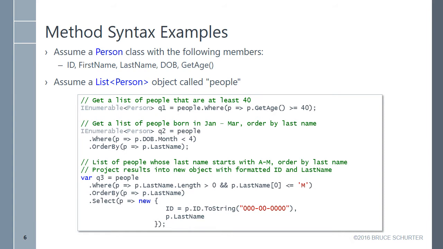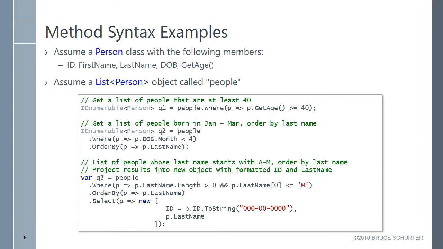Notice here, we're taking the ID from the person, which was most likely a long, and then we're creating a string from it using the Social Security syntax or layout. So that actually makes it a string. So we're projecting a new type where the ID is a string, and then we're just passing last name through. So we have two properties of type string in this new data type.